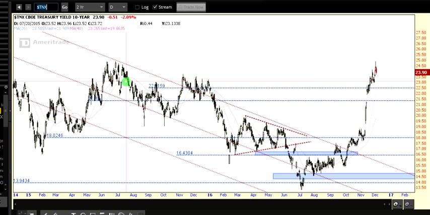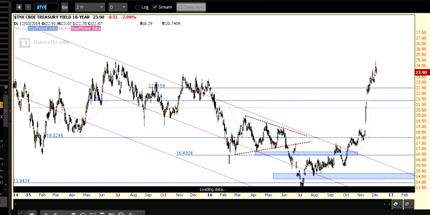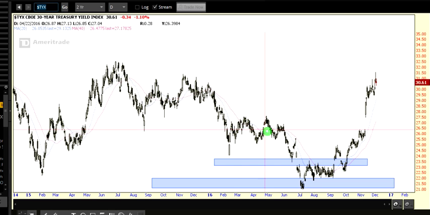That's why they call it a bond ladder. I don't want to get too much more into that, but suffice it to say that's one of the big differences between buying bonds and buying a bond fund. Same thing with the 30-year Treasury. They look very similar. So yields are up and moving higher, and it looks really strong.